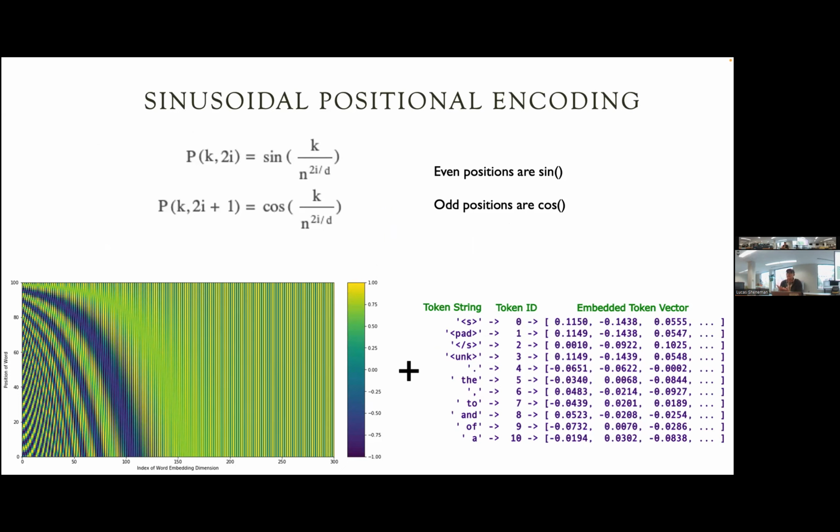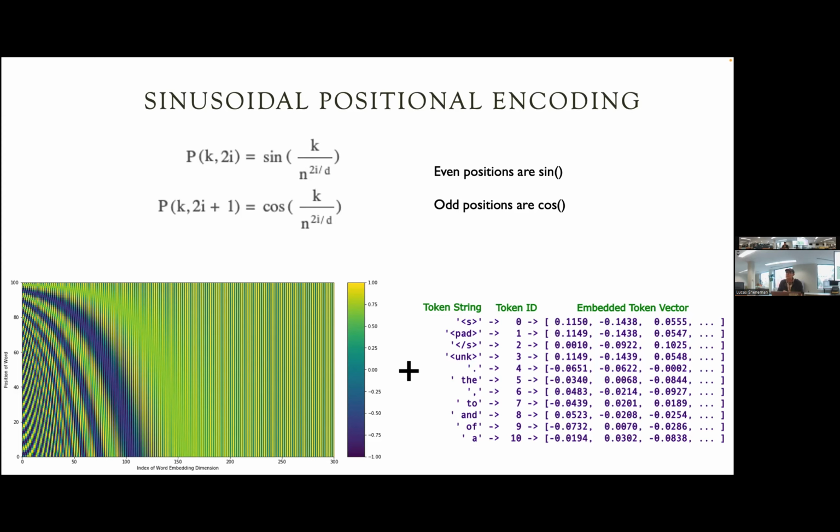And so that pattern gets overlaid through that addition to the embeddings, and the AI is able to basically pick up on that signal and understand, to some extent, the position of that particular token relative to other tokens.